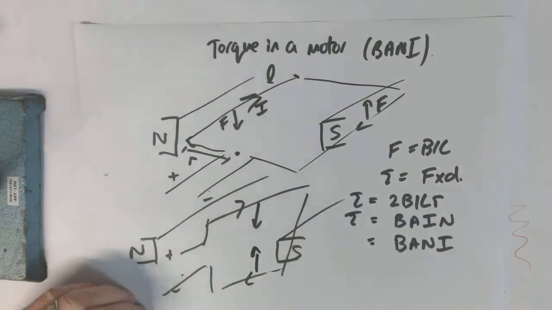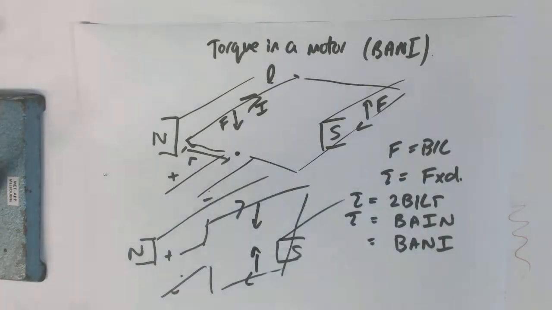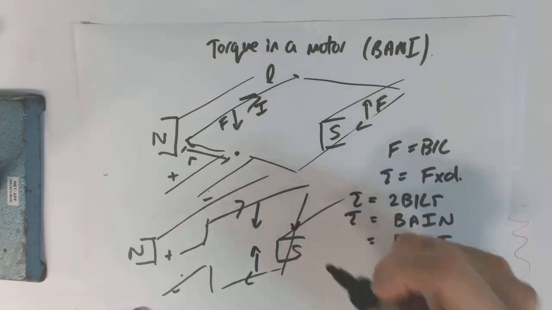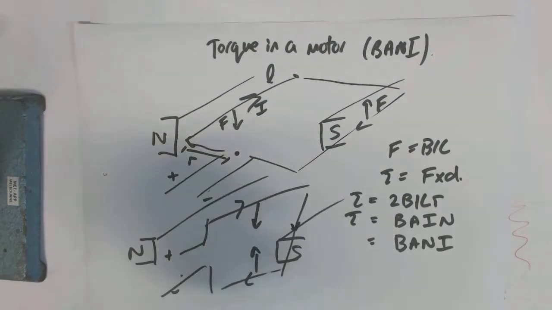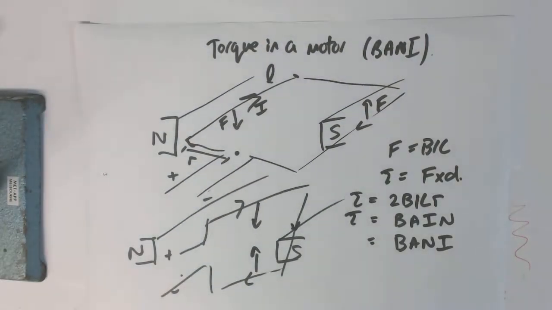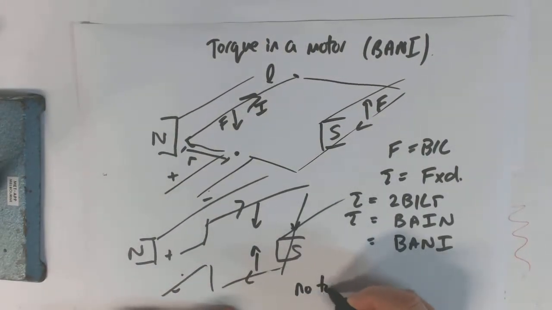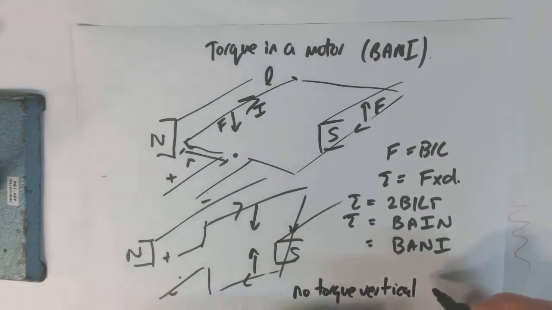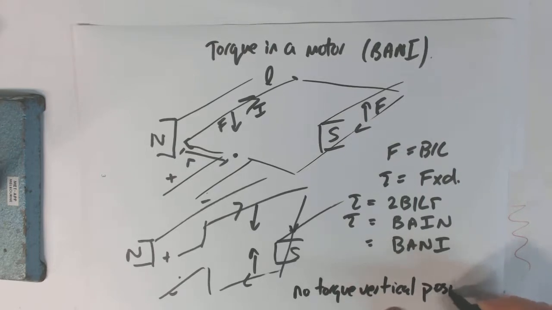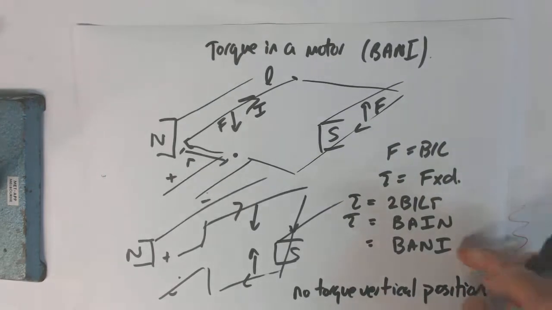So you'll find that in the vertical position, the forces cancel, and so we don't get a torque. This one here, look at that one, north to south, down, it comes in. So again, no torque in the vertical position. And we work that out formula.